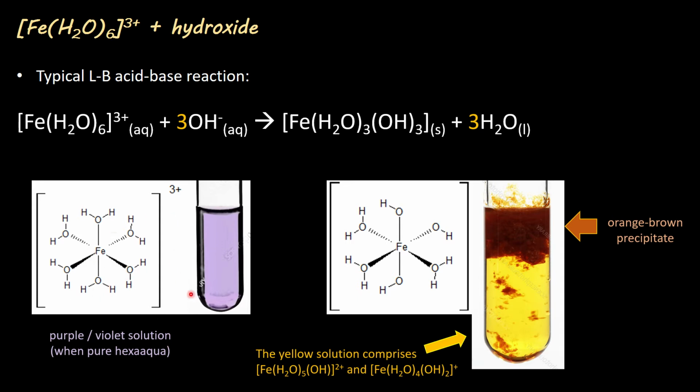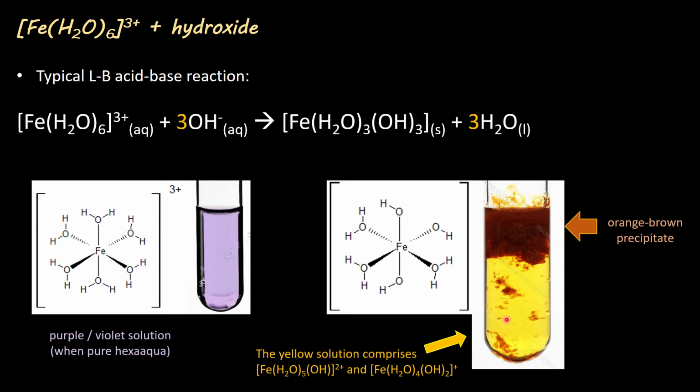So when we look at a solution of iron 3 aqueous, just with the surrounding water molecules, there'll have been some dissociation, which is also known as hydrolysis here. That's a term you'll see in your textbooks when you look. And so actually our iron 3 hexaaqua is more like this species, the one with 5 waters and 1 hydroxide, or this species with 4 and 2.